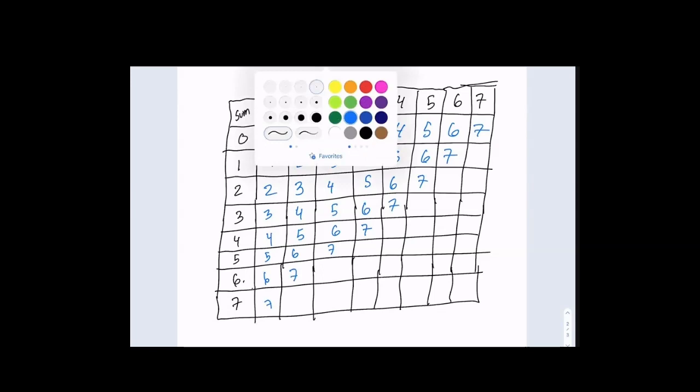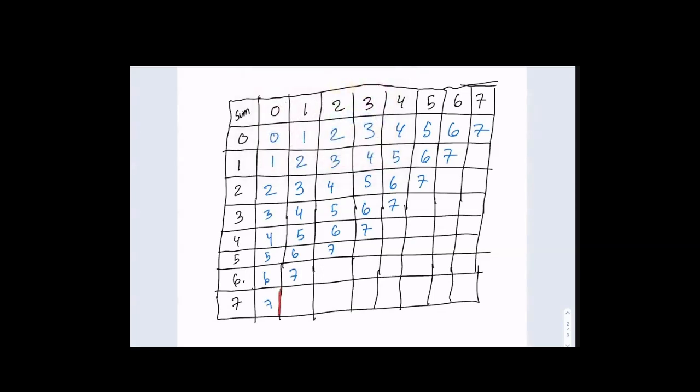These numbers right here, we don't need to worry about too much because addition over on these numbers is the same. There's nothing different in terms of how we do addition. You might have done a table very similar to this when you were first learning how to count and add during, you know, elementary school.